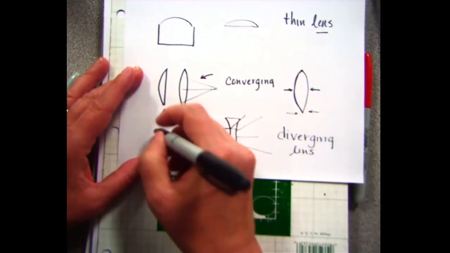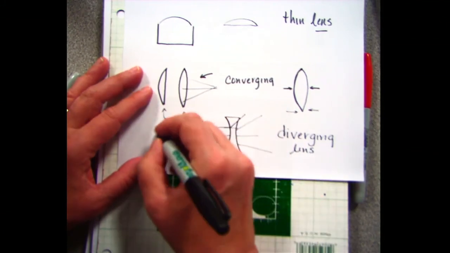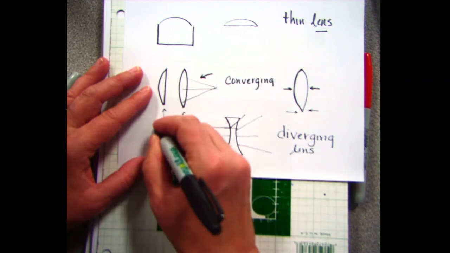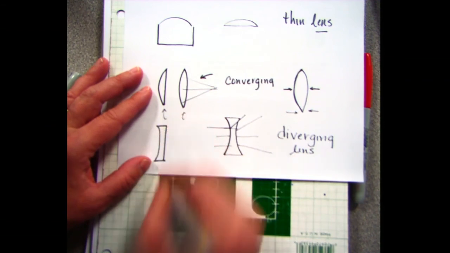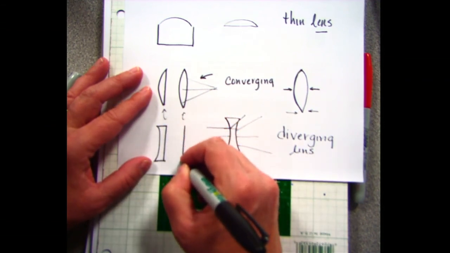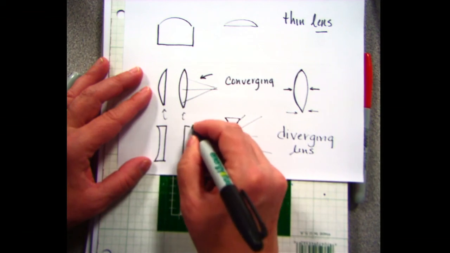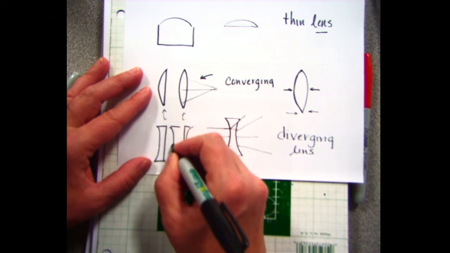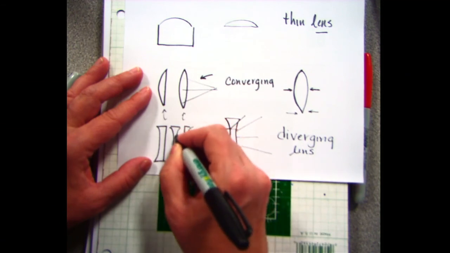And they might be shaped like this, might be shaped like this, or it might have that lovely little thin waist shape like this.